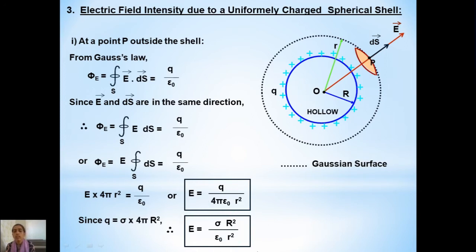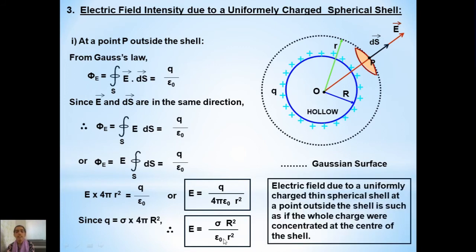Here sigma is the surface charge density, capital R is the radius of the uniformly charged spherical shell, and small r is the distance between the center of the spherical shell and the Gaussian surface we have considered, or the distance between the point outside the shell and the center of the charged spherical shell. Okay, so this is the electric field at a point outside the uniformly charged spherical shell.